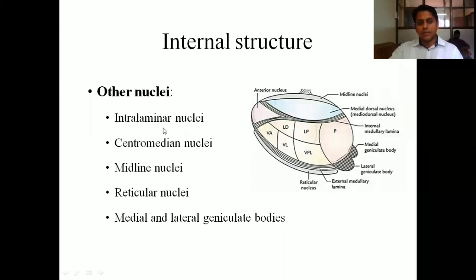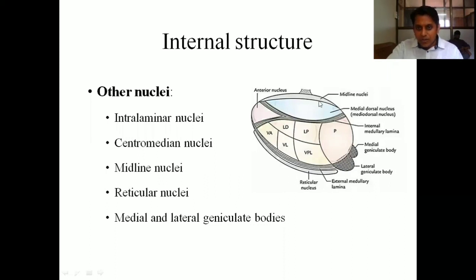So there are intralaminar nuclei which include the centromedian nucleus. And the nucleus along its medial surface here is the midline nucleus, and the nucleus along its lateral surface is called the reticular nucleus.